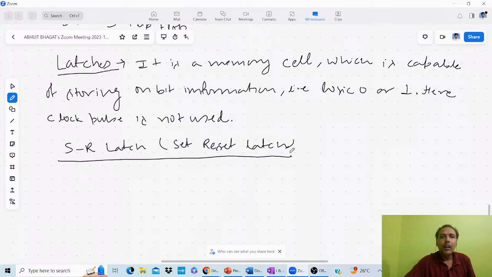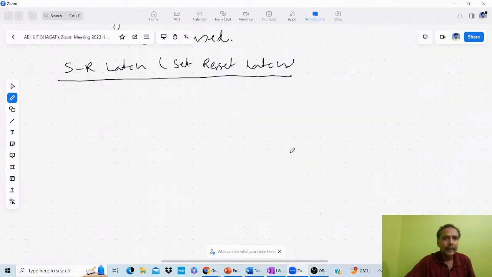Now this set reset latch, wait a second.